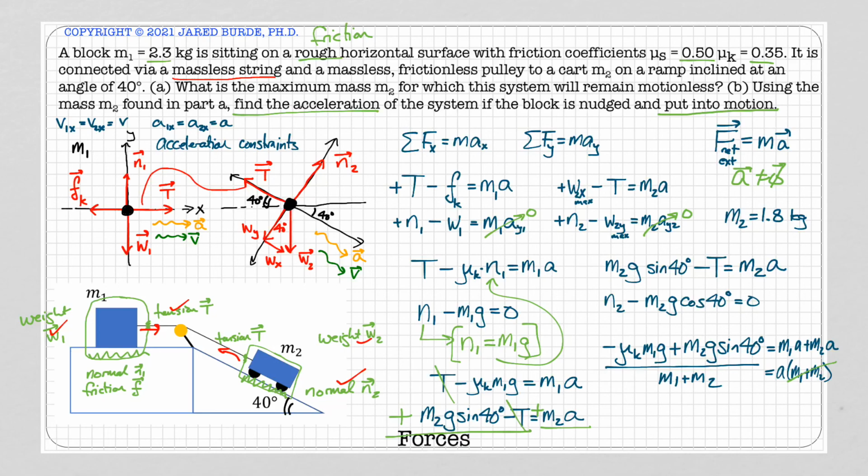And so now all that's left is for me to plug in. And I find here that the acceleration is 0.842. That's an acceleration, so it should be measured in meters per second squared. I have 2 sig figs everywhere, so I'm going to round this to 2 sig figs also and say my answer is 0.84 meters per second squared.